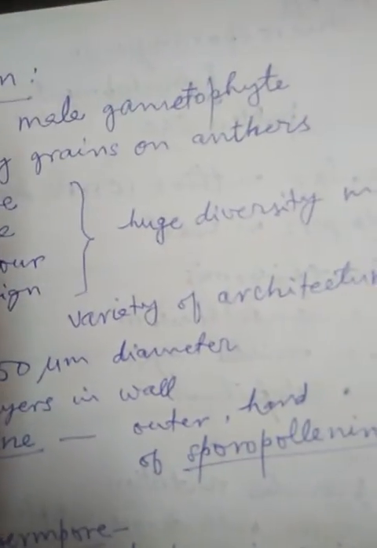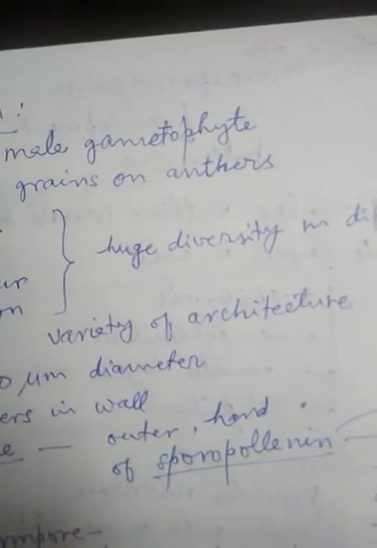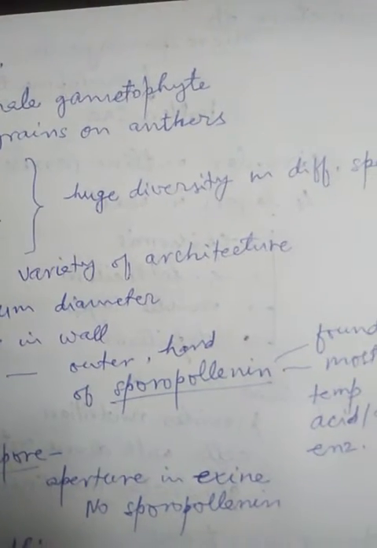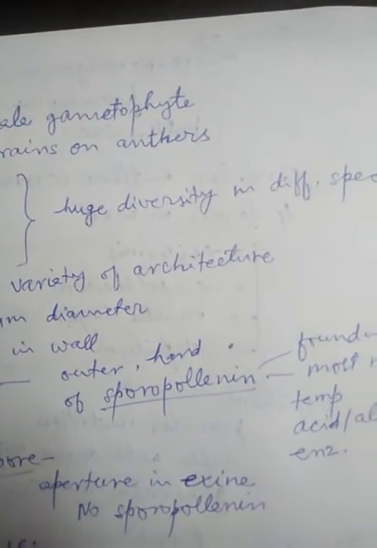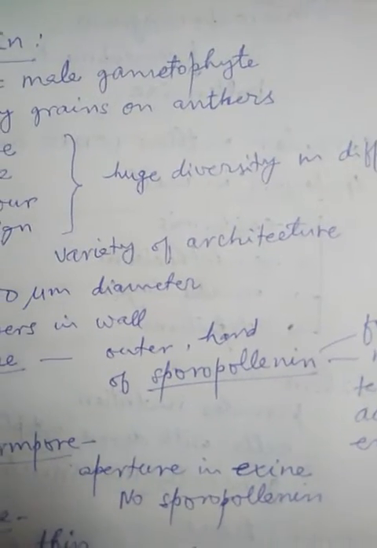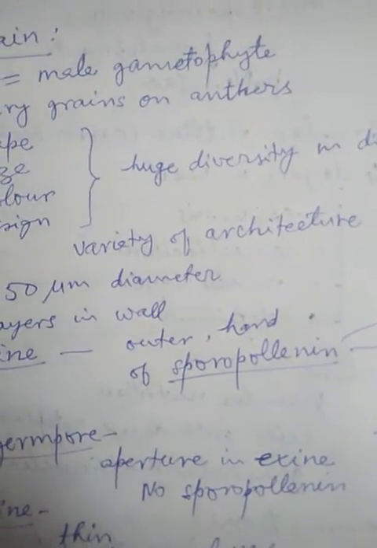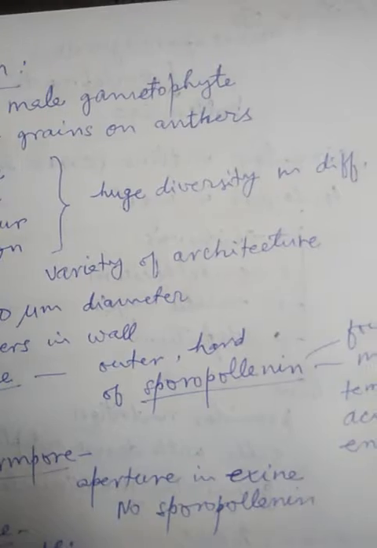So the shape, color, size, design, these features actually show a huge diversity if you study the pollen grains of the angiosperms. And the outer structure of the pollen grain, the shape of that outer layer, there is a huge variety of architecture and huge variation in those designs. Okay, they are also seen. You can appreciate it using high power microscopes.